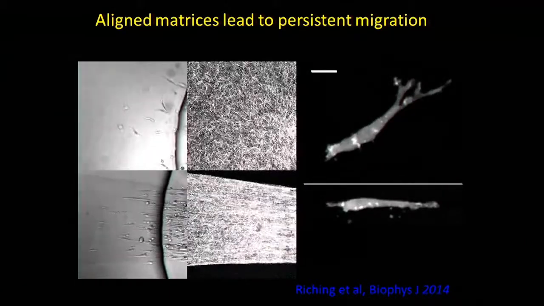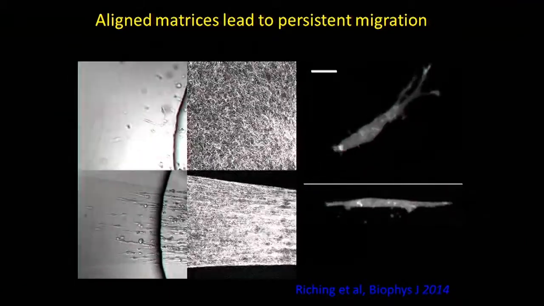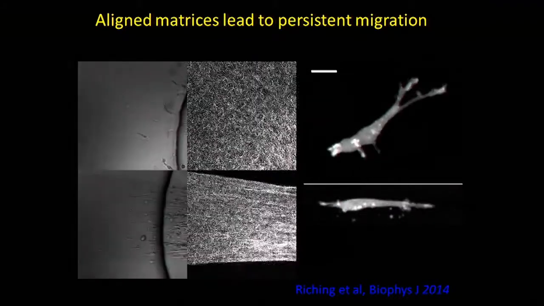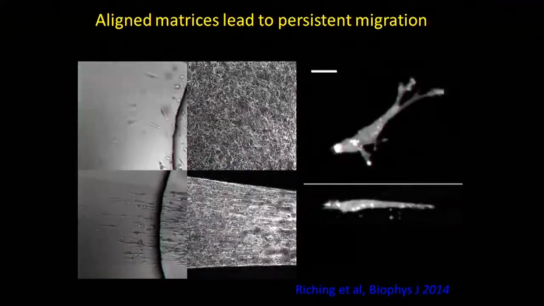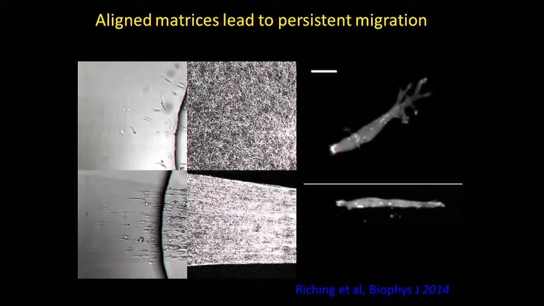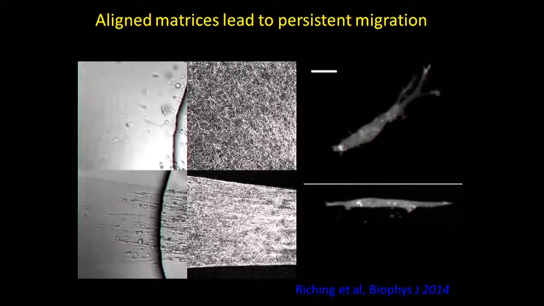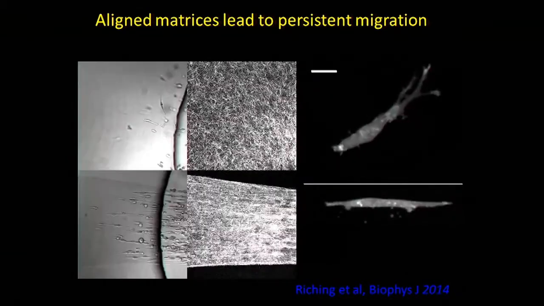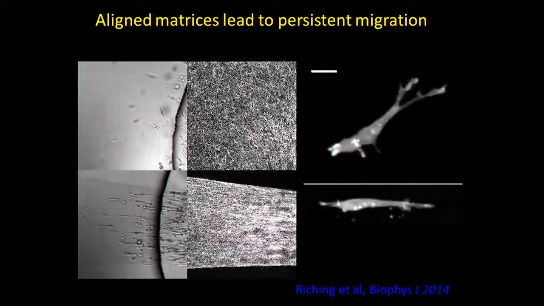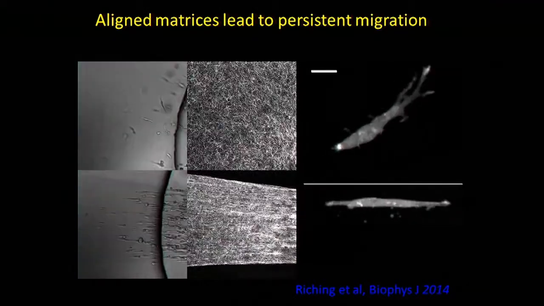These guys have all these different protrusions, and they're probing their environment and wandering around. And these guys are very persistently going in a linear fashion. So these guys are kind of distracted, and they're wandering around. They wander just as fast as these guys, but they get lost. They don't go to where they're going. These guys very clearly go in one direction.